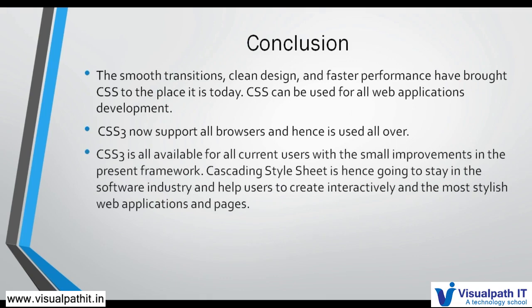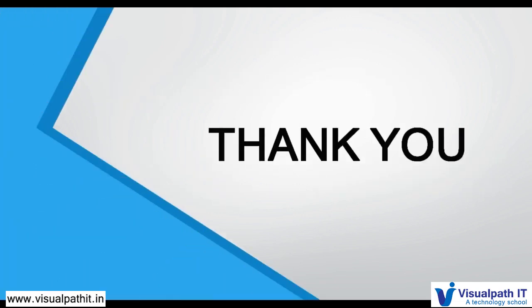CSS3 is available for all current users with a small improvement in the present framework. Cascading style sheets are hence going to stay in the software industry and help users create interactive and more stylish web application pages. So here we are done with the CSS3 lesson.